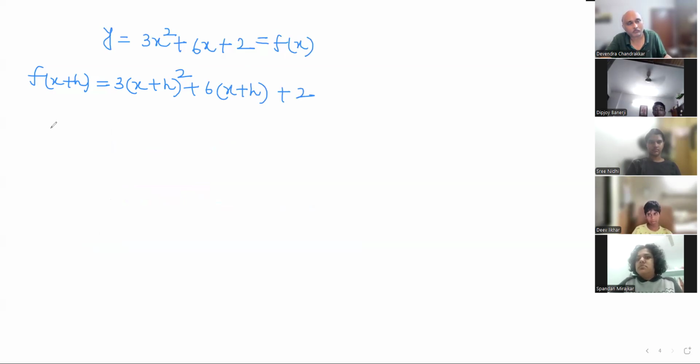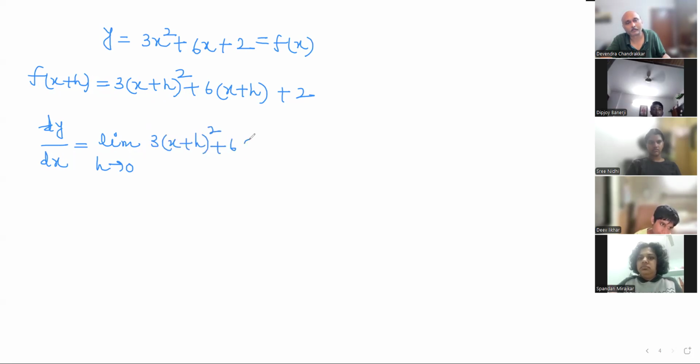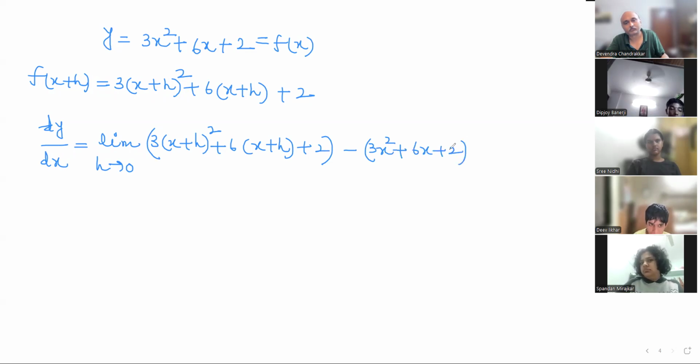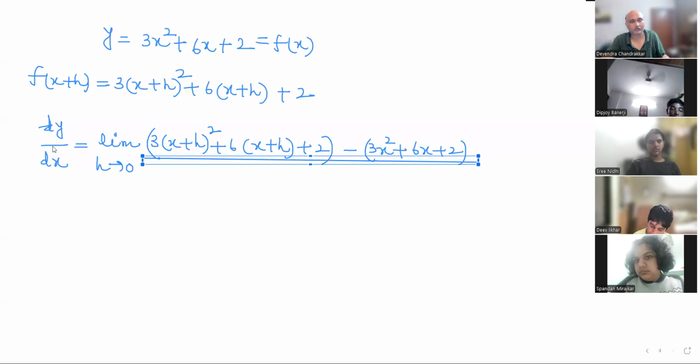Now, to find dy by dx using first principle, what we do is limit h tends to 0, f of x plus h, so it is 3 into x plus h whole square plus 6 into x plus h plus 2 minus 3x square plus 6x plus 2, divided by h. Got it?